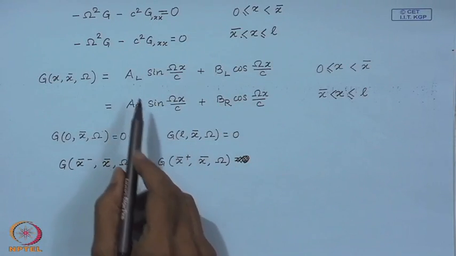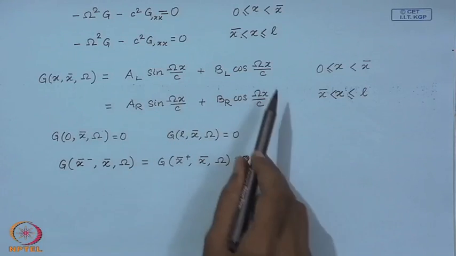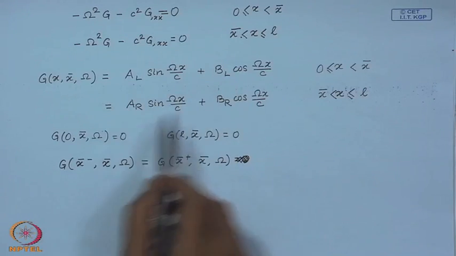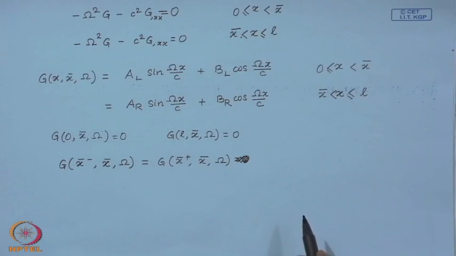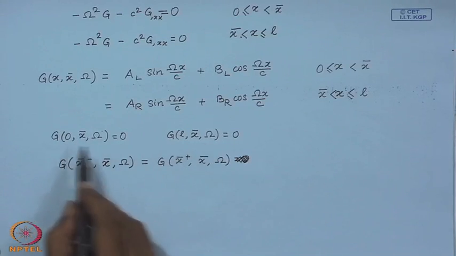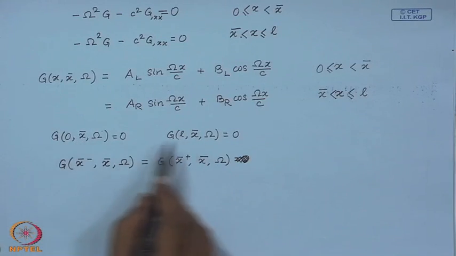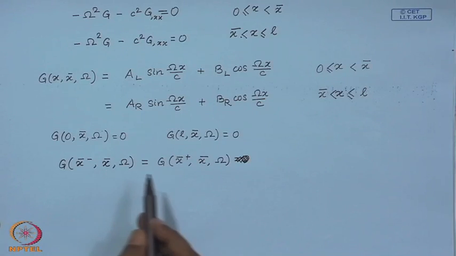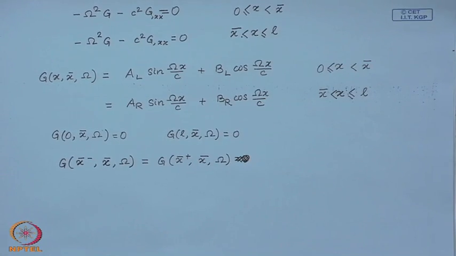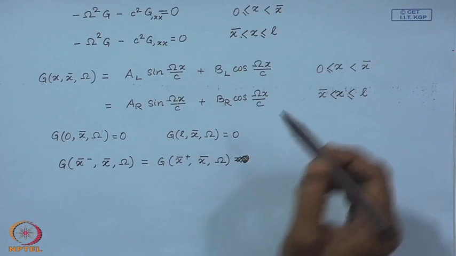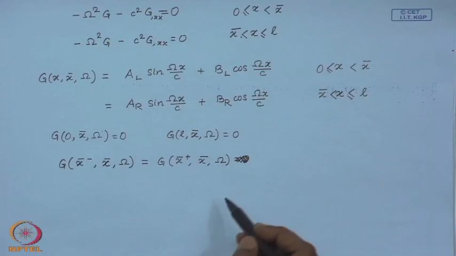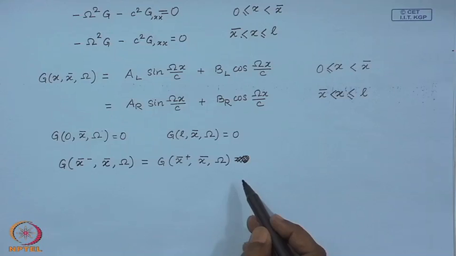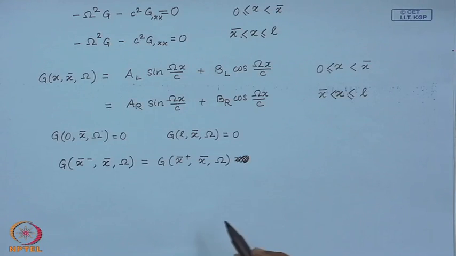So, we will need 4 conditions for solving these 4 unknowns. Now, 2 conditions are obtained directly from the boundary conditions. One further condition is obtained from the continuity of the string at x equal to x bar. The fourth condition must of course come from the force condition.